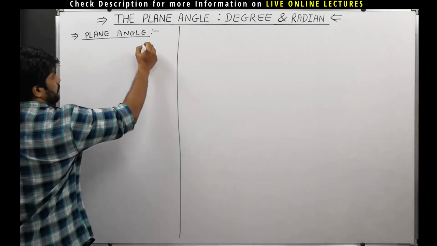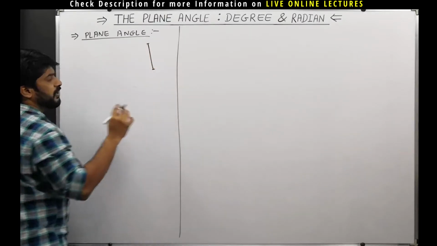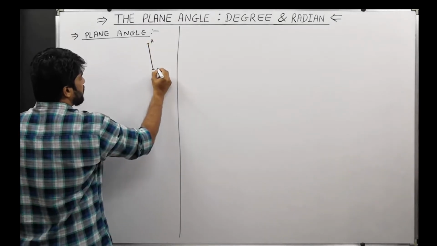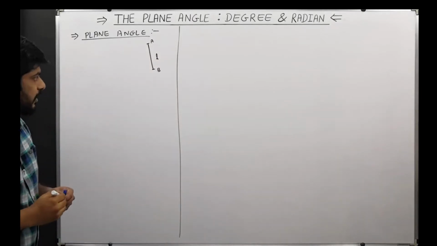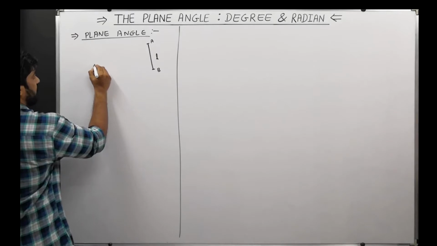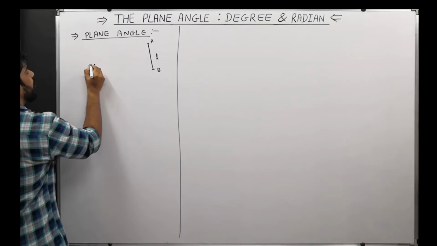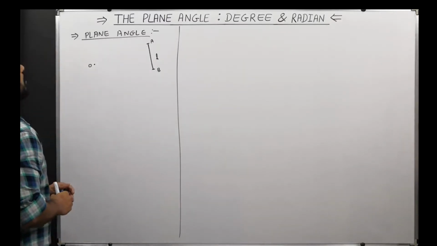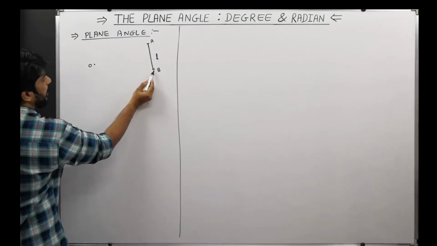Suppose we have this small line, let's call it line AB with some length L. Now consider this point, let's call this point O. Now I join these two points, AO and BO.